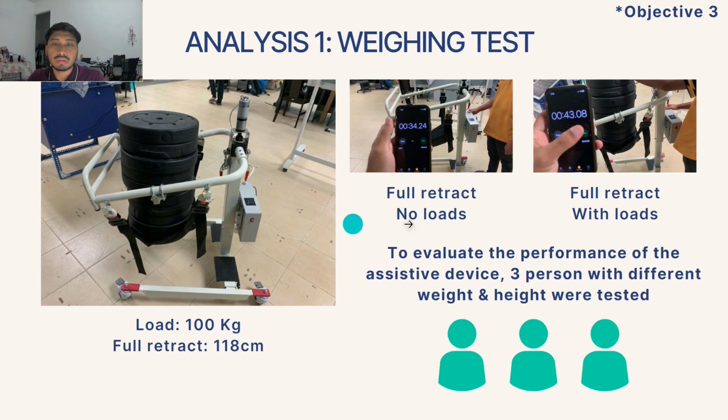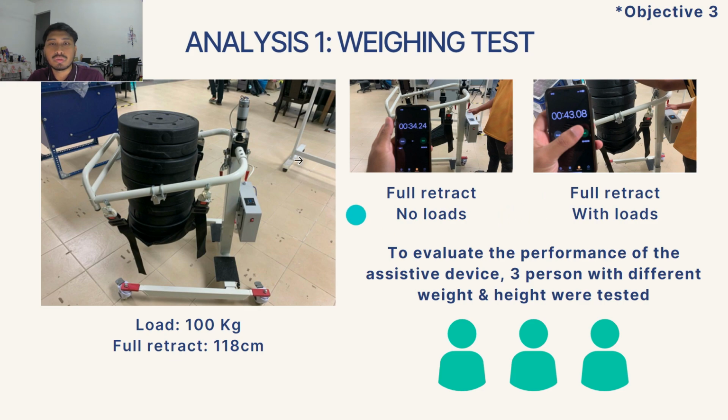This is the time taken for the transfer mechanism to fully retract with no loads, and this is the time taken for a full retraction with a 100 kilo load.